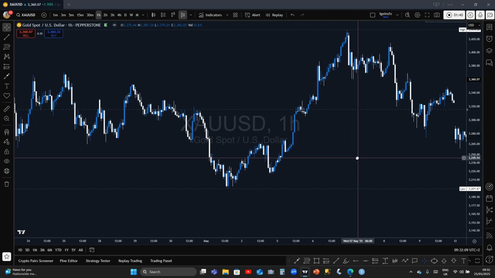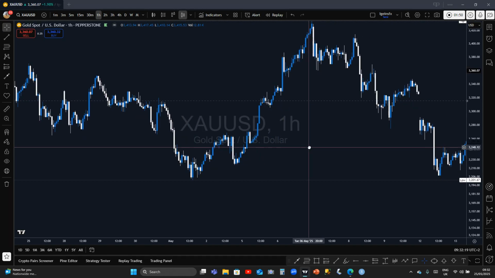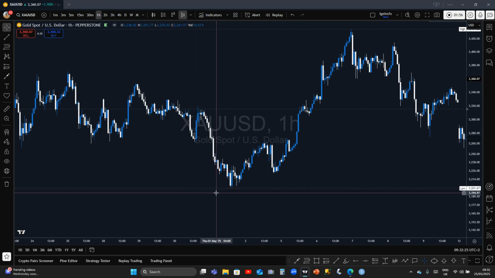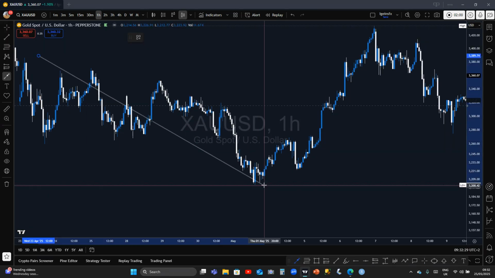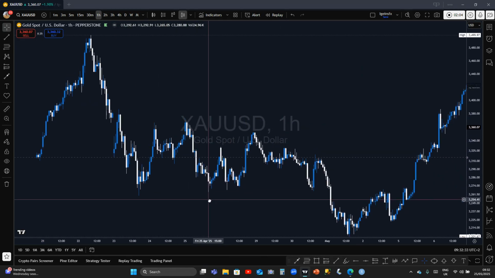When the trend is making a lower high, lower low, lower high, lower low, then we know that is bearish. When it's making lower low, lower low, and it's just going down like this, we know that the trend is bearish at that point in time.